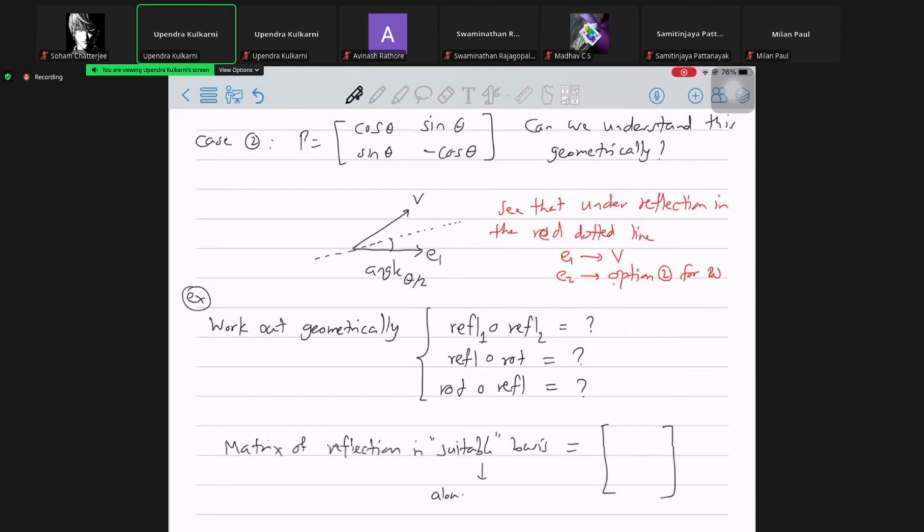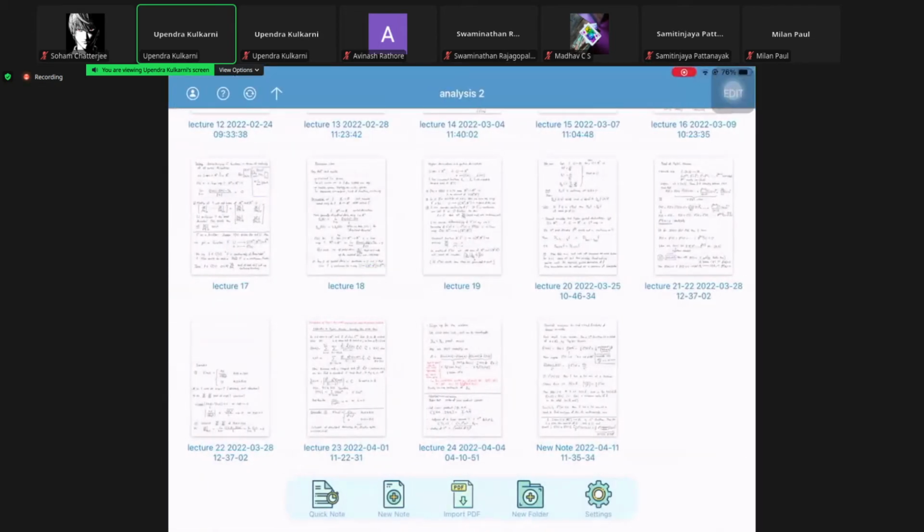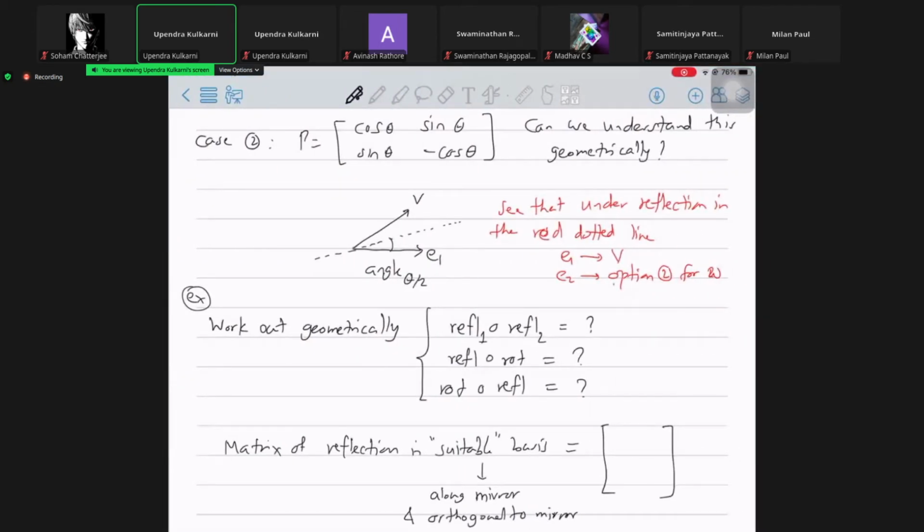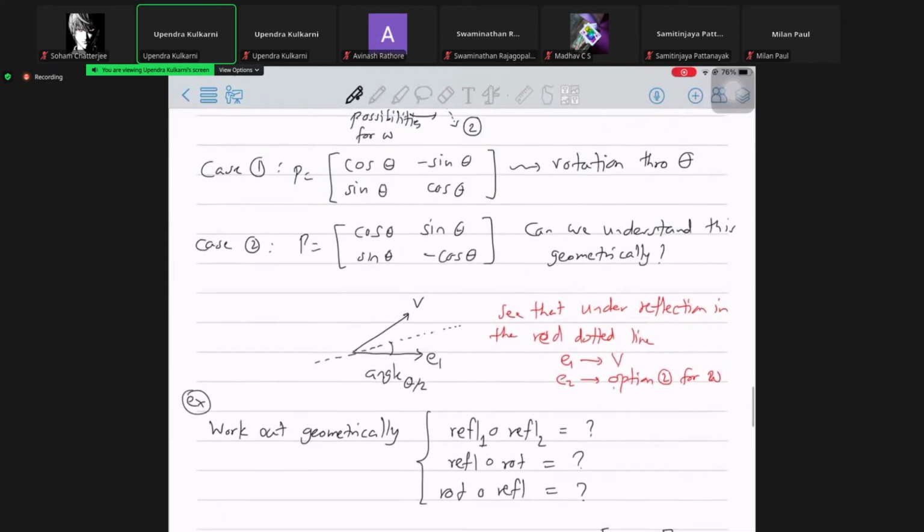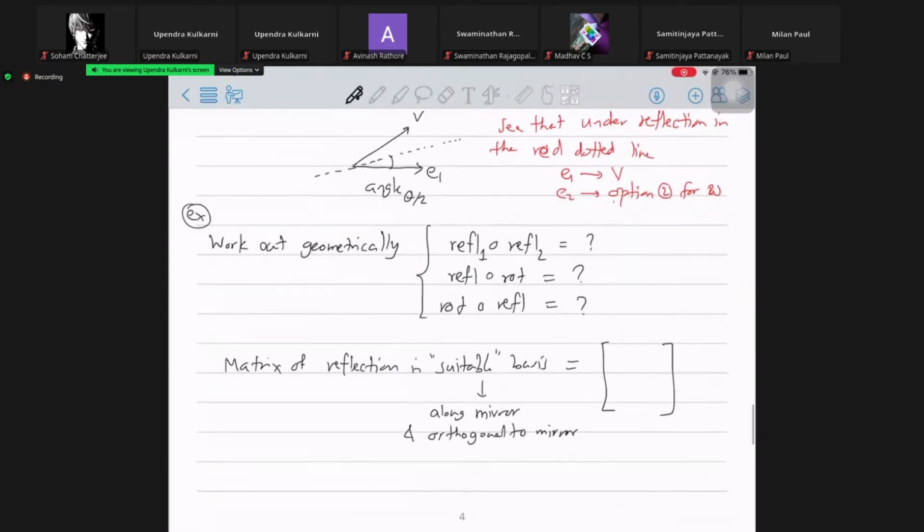Along the mirror and orthogonal to the mirror. So if I take a vector that is orthogonal to the mirror, then what will it get sent to? Negative of that vector. Negative of that same vector.